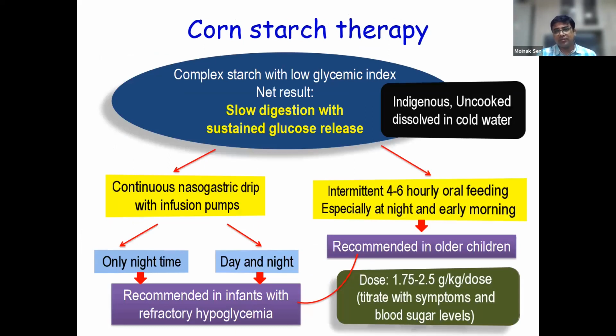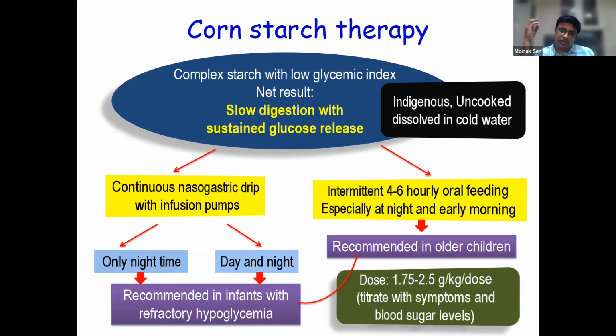And how to give this cornstarch therapy, it should be indigenously available, in the sense that not the powdered regular formula that we have, but you take the kernels and you crush it in the available chakki that you have, and you use this uncooked cornstarch, which is dissolved in cold water.